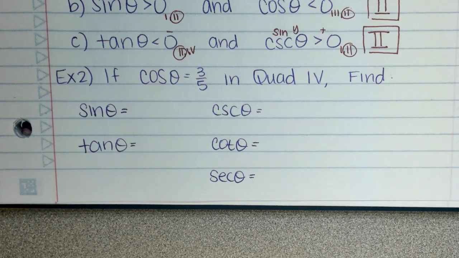If cosine of theta is 3/5, and you are in quadrant 4, can you find sine, tangent, cosecant, cotangent, and secant? Find the other 5 trig functions.